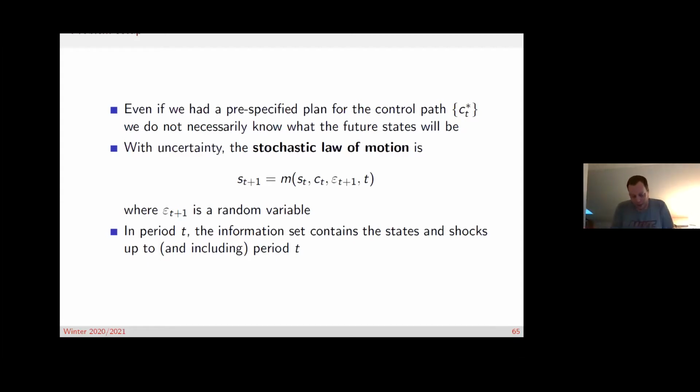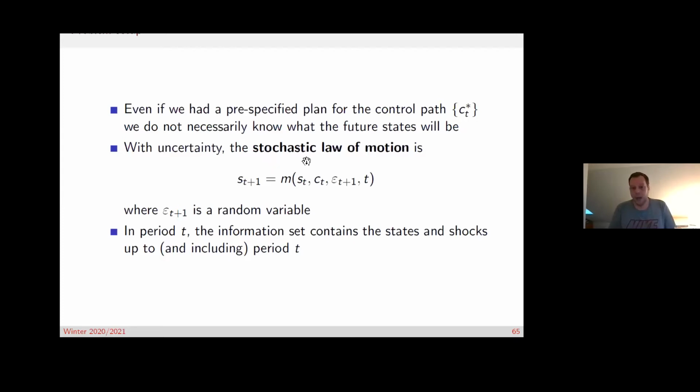So basically, the conceptual difference between the deterministic case and the stochastic case is relatively small. And this is also the reason why we spend so much time on the deterministic case, because mastering the deterministic case is a very important prerequisite to get a handle on the stochastic case. This is the important insight.